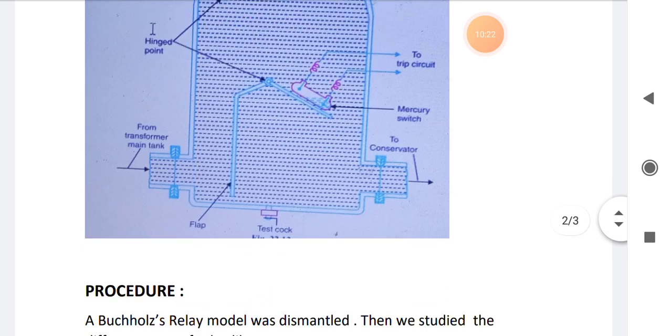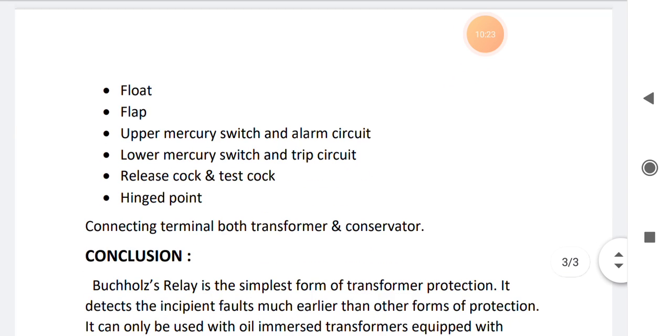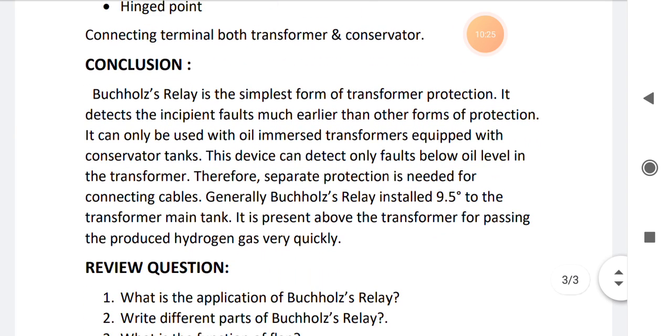By performing this experiment, we have concluded that the Buchholz relay is the simplest form of transformer protection. It detects incipient faults much more easily than other forms of protection. It can only be used with oil immersed transformers equipped with a conservator tank. This device can detect faults below the oil level in the transformer.